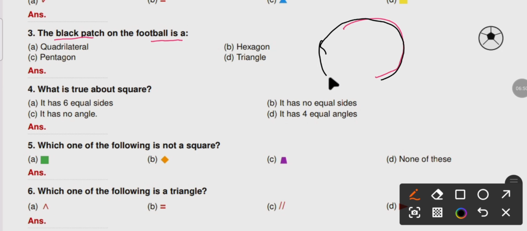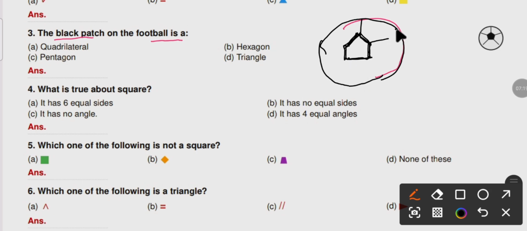This is a football. My drawing is not good, but still I am trying. So like in this shape, these are the patches, like in this way.